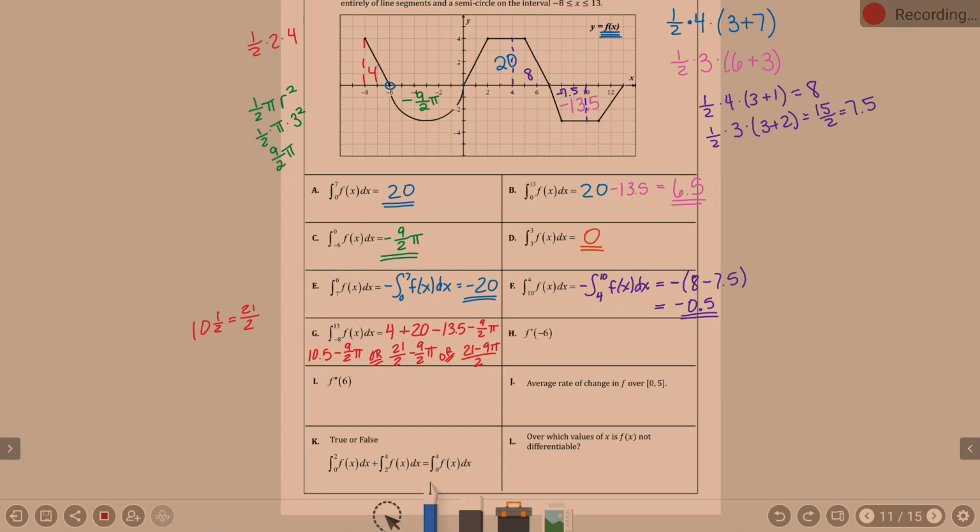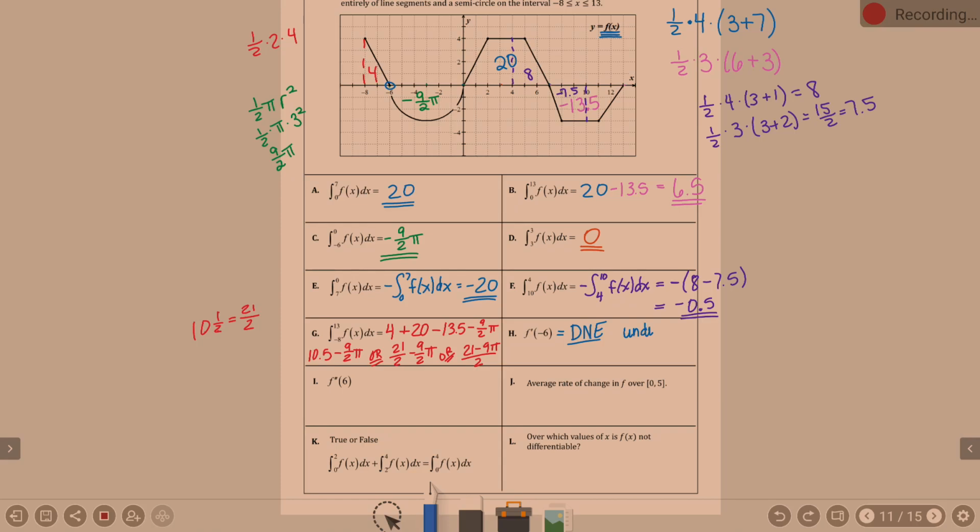What do we know about the derivative at a sharp point or a cusp? It does not exist. How quickly we have forgotten first semester, right? So the derivative at -6 does not exist. You can either say DNE or undefined.